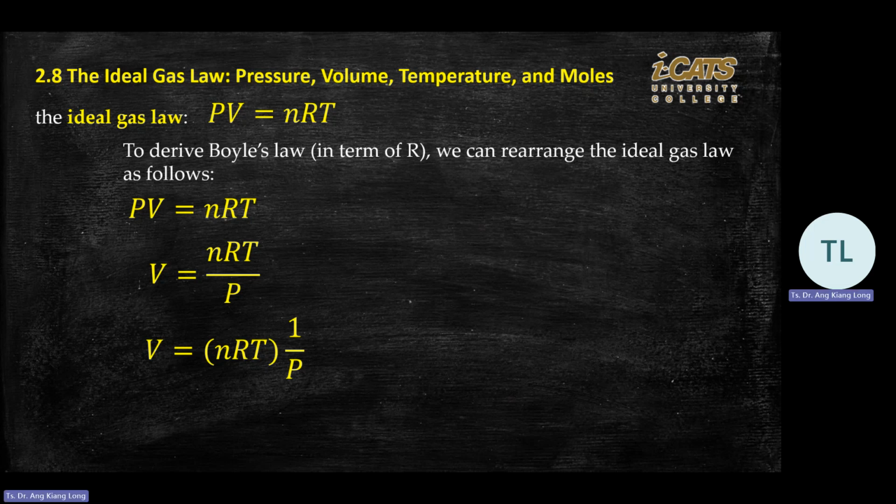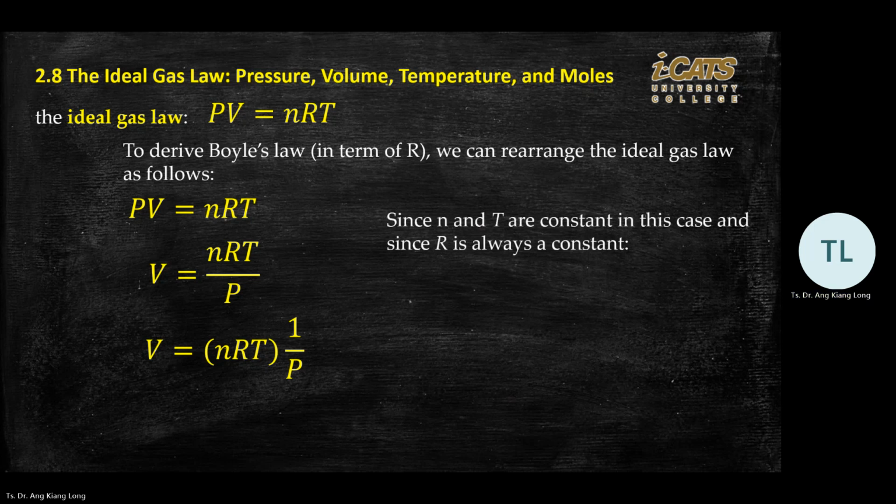If you move your V to the left, PV equal to nRT. So this is your constant value.